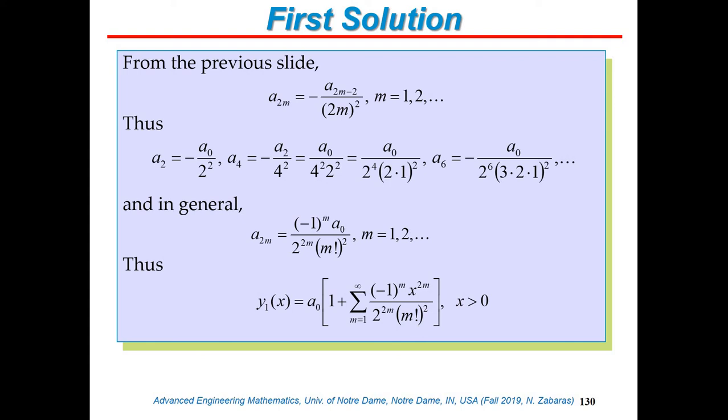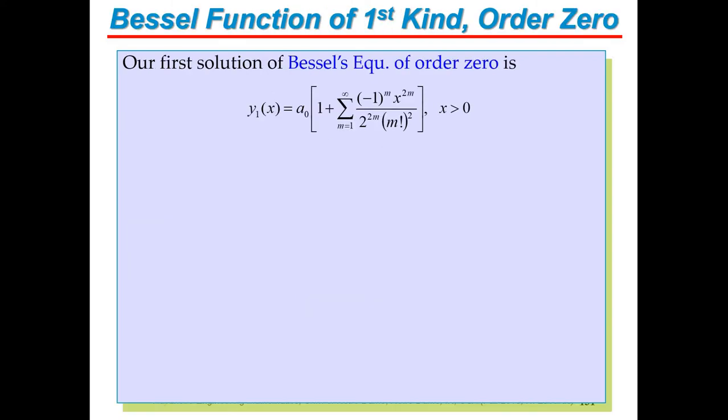And you notice, of course, that this solution converges for all x's. And usually what you see inside this bracket, or the summation itself, is affiliated with what we call the Bessel function of the first kind of order 0.